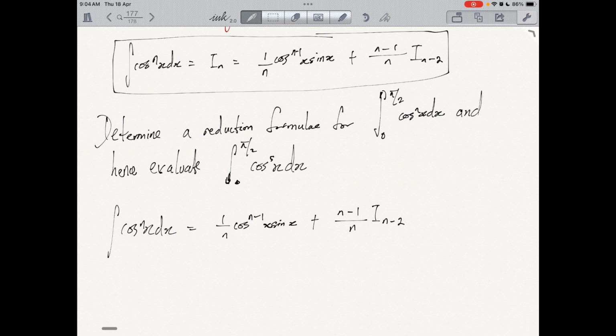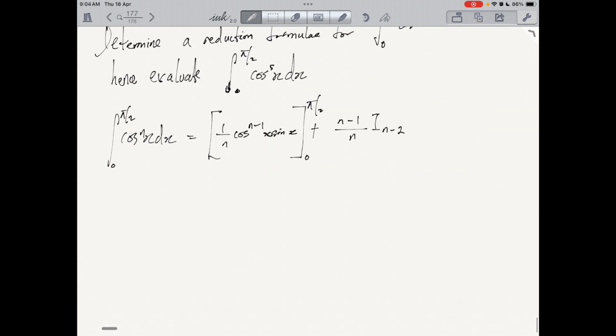Now, if we are considering the limit of 0 to pi over 2, then we have from here to here, 0 to pi over 2. So let's apply our limit. That's 1 over n cos^(n-1) of pi over 2 sine pi over 2.